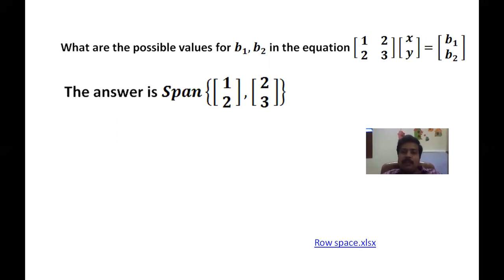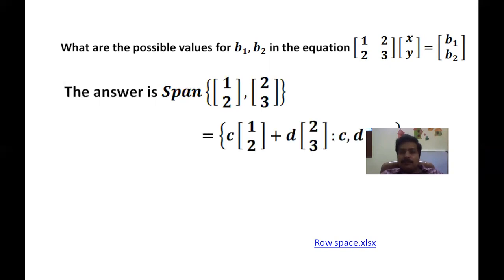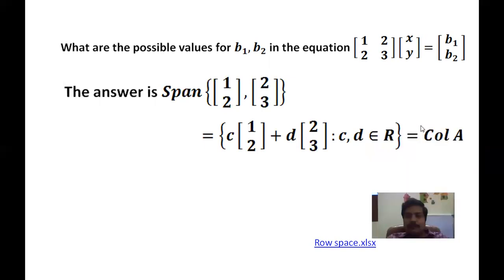If I name these columns V1 and V2, they are C1 V1 plus C2 V2, where V1 is (1, 2) and V2 is (2, 3). These will be our possible B1 and B2. Here I took C and D, of course. This is nothing but the column space.